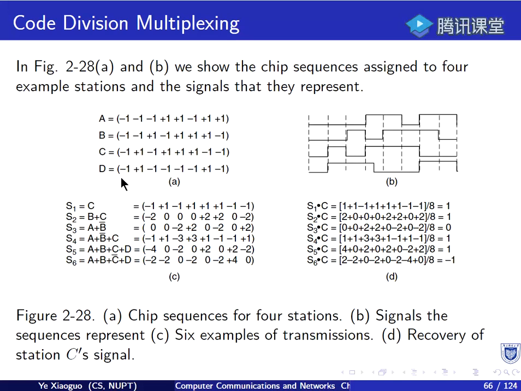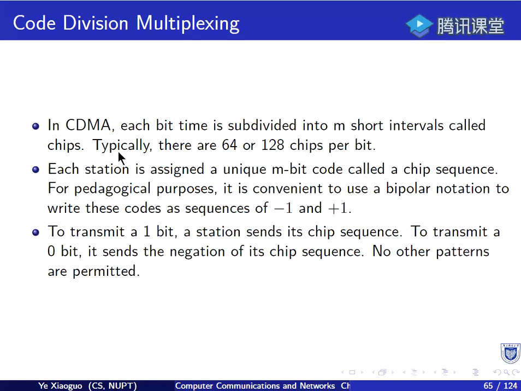Each station is assigned a specific chip code or chip sequence. For example, chip sequences are assigned for these 4 stations A, B, C, and D. Each bit time is subdivided into M short intervals. These M short intervals are called chips.